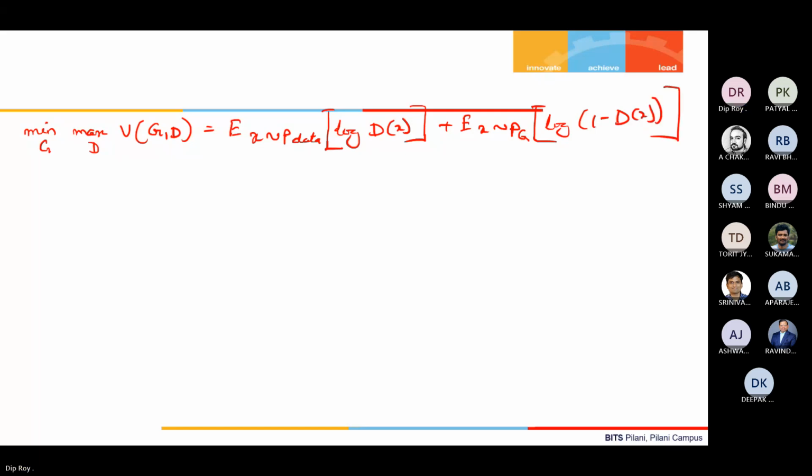Now, for the time being, I keep my discriminator fixed. I say that I have already done my training and I have the optimal discriminator.